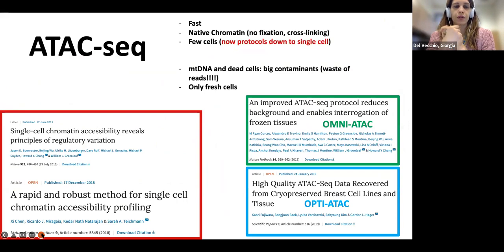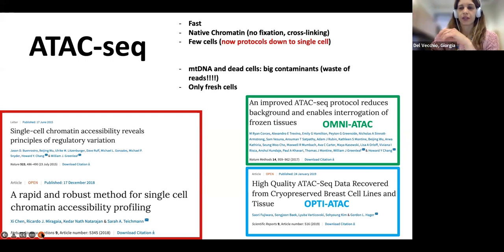Okay, so ATAC-seq works really fine with live cells. It doesn't work really good with dead cells, okay?